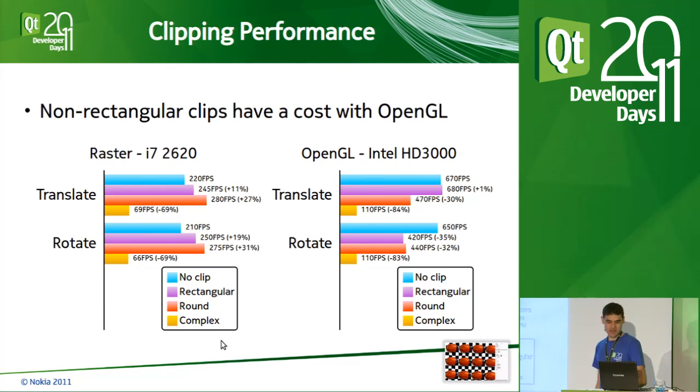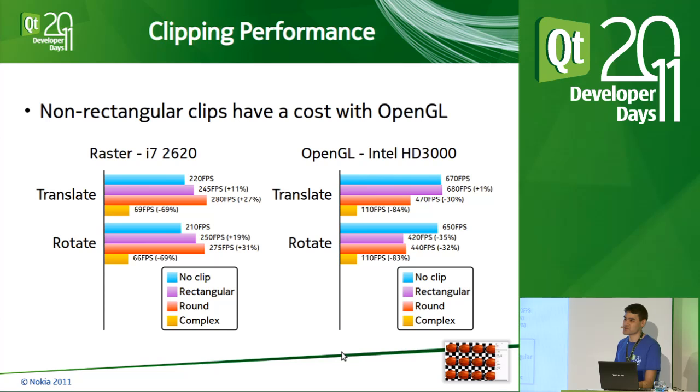In OpenGL, you don't get a performance loss with a rectangular clip. This is the purple bar, the second purple bar from the top on the right side. But as you can see, the red bar is a bit lower, and the purple and red bar under rotate are lower.